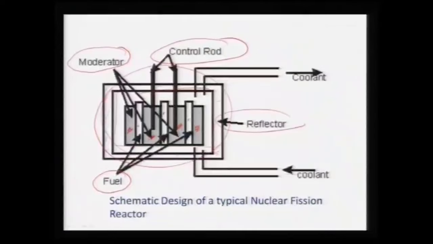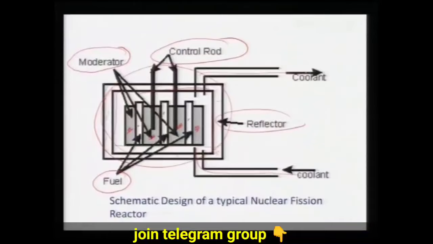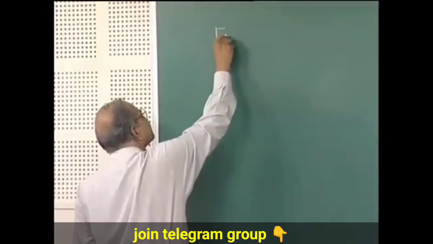So, some kind of coolant goes into this reactor core, gets heated because of the heat generated in fission, and that heat is taken away through some other channel and then used to drive a turbine. So, this is the typical design. Now, let us look at what we call the 4-factor formula.